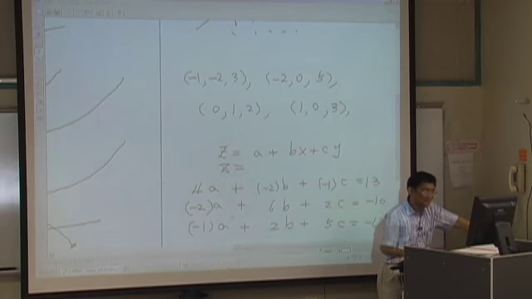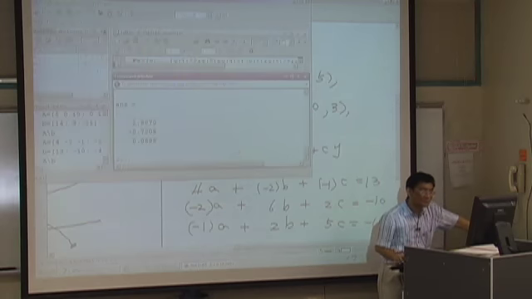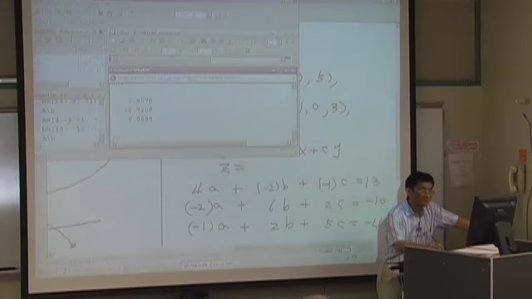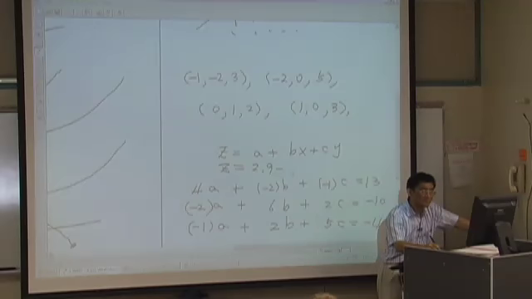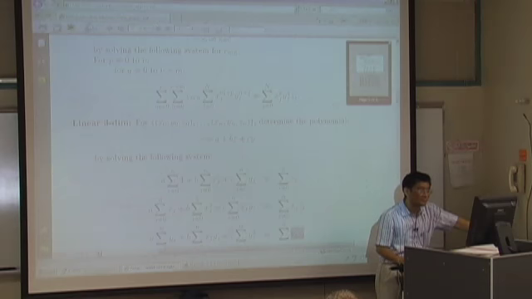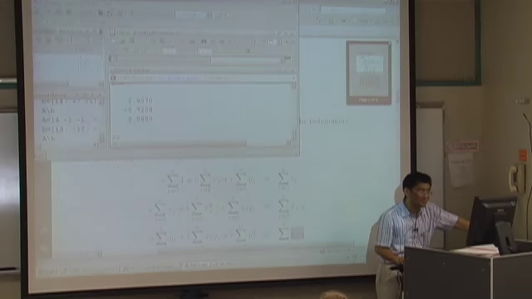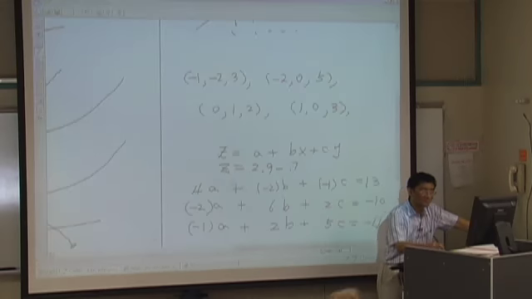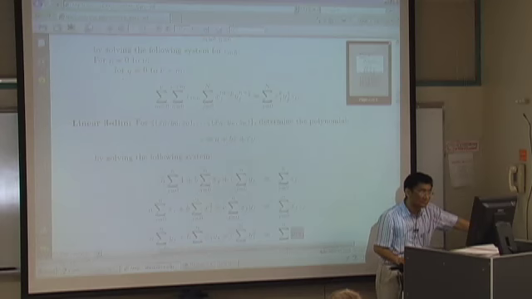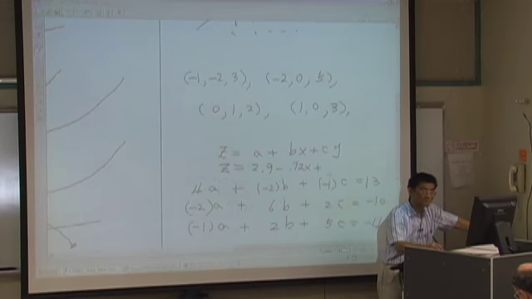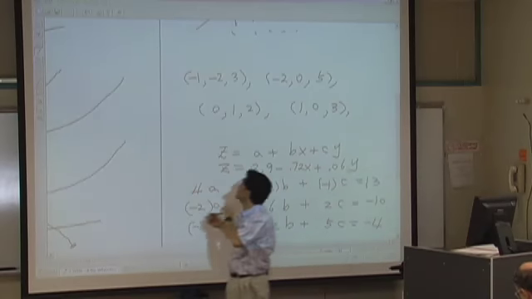Z equals 2.9... So this is the approximation we can get.